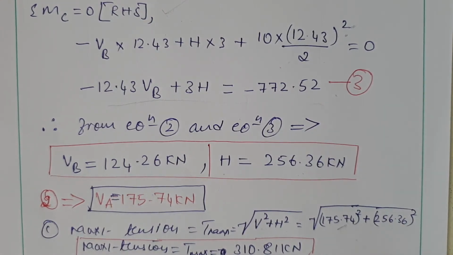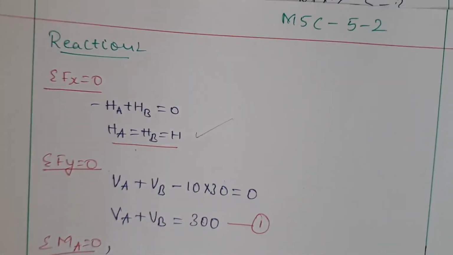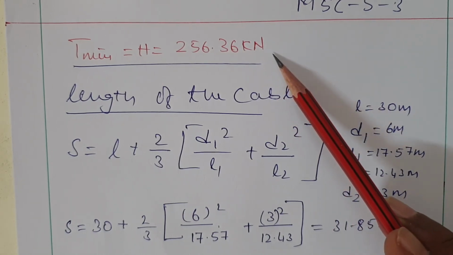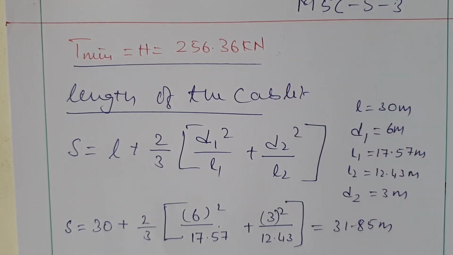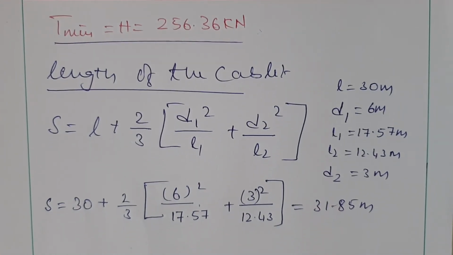Then we get the maximum tension force as 310.81 kilonewton. And the minimum will be equal to H, which I showed here. T minimum, directly I consider, will be equal to H, that is 256.36.